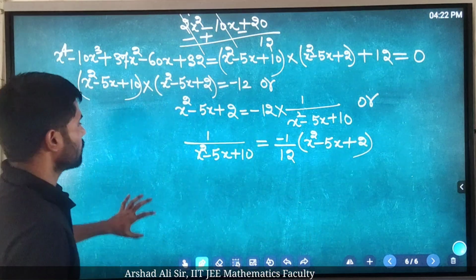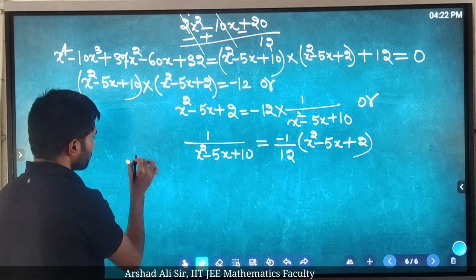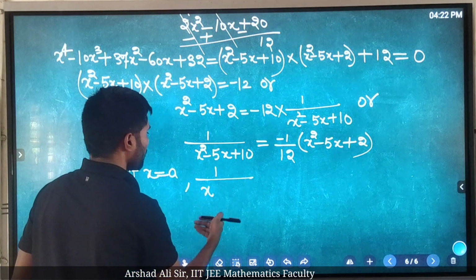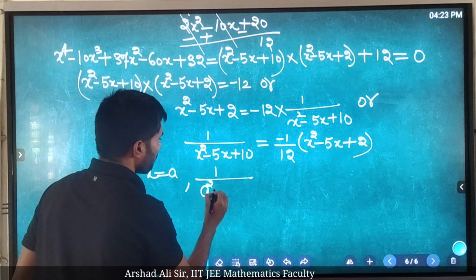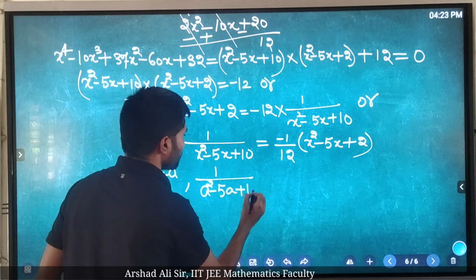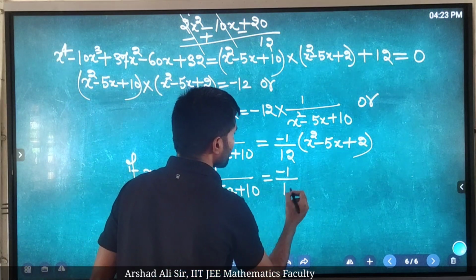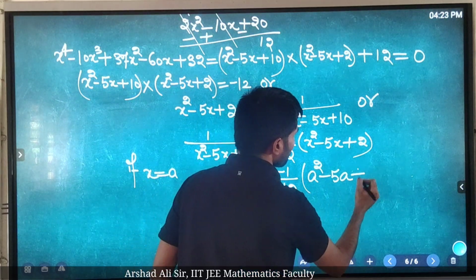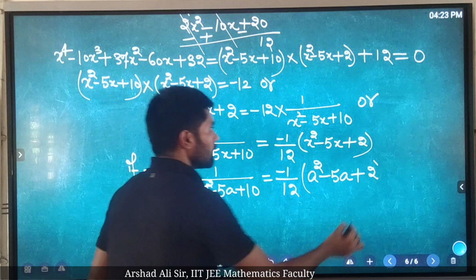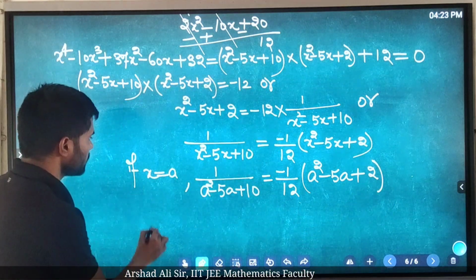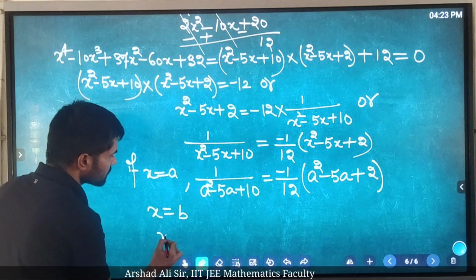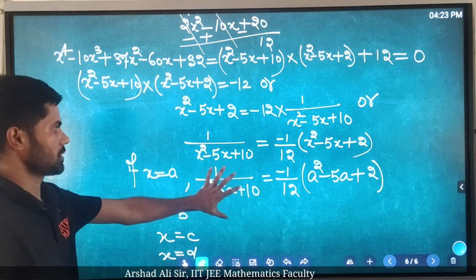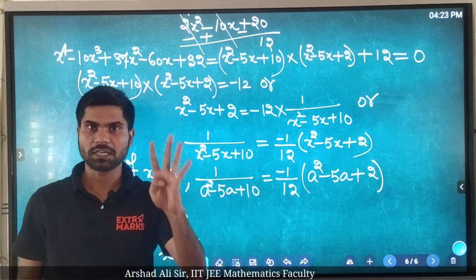Okay students, now if we put x is equal to a, then it will become 1 by a square minus 5a plus 10 is equal to minus 1 by 12 and a square minus 5a plus 2. Now if we put x equal to b, c or d, we can find all the 4 expressions.